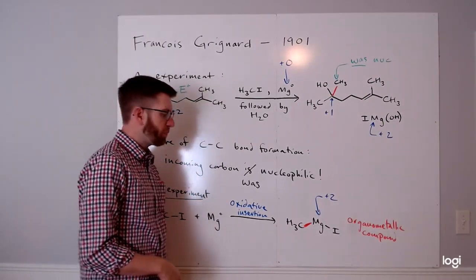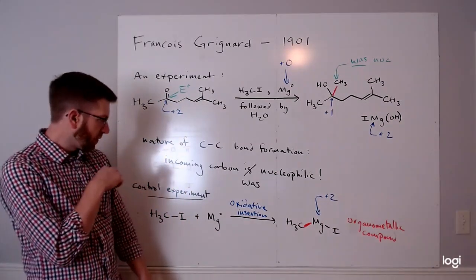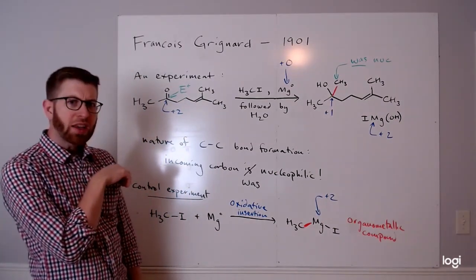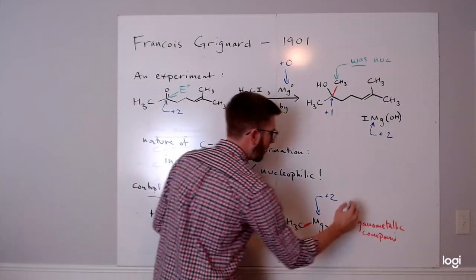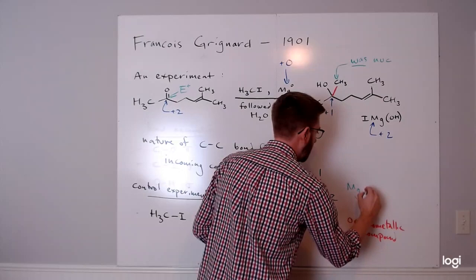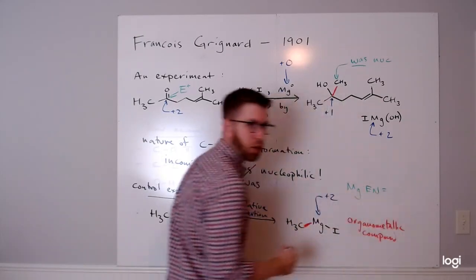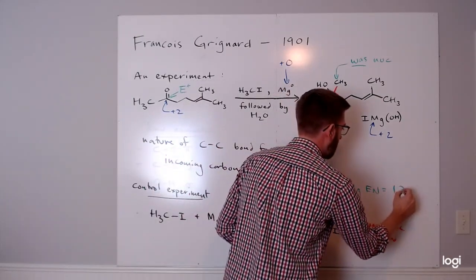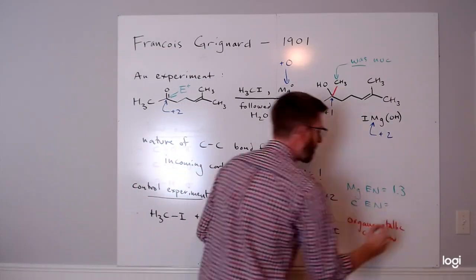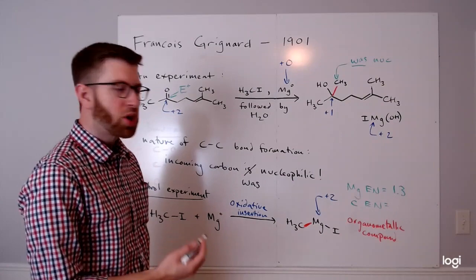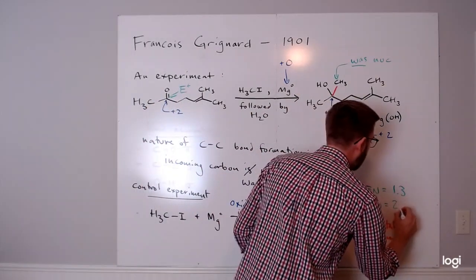All right, you've looked up the electronegativity of magnesium, which you probably found to be shockingly low. Magnesium's electronegativity is 1.3, whereas that for carbon, which you may have looked up or have some general sense for, is 2.5.